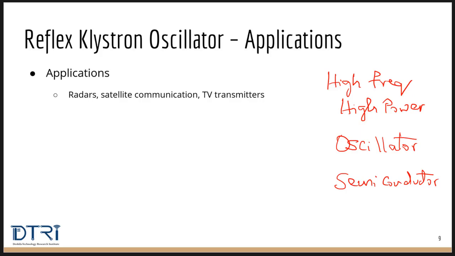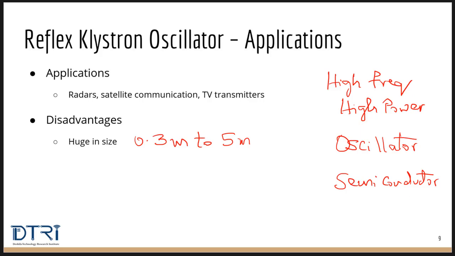Major disadvantages of reflex klystron oscillators are their huge size. The dimensions of klystrons can vary anywhere between 0.3 meters to 5 meters.